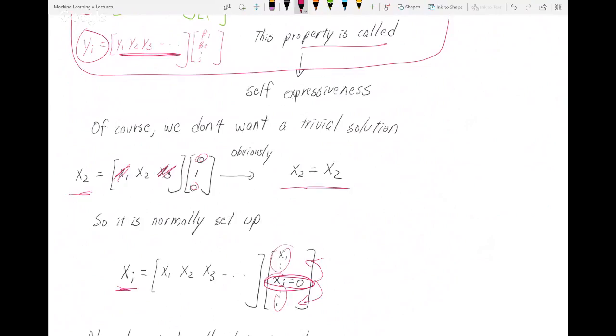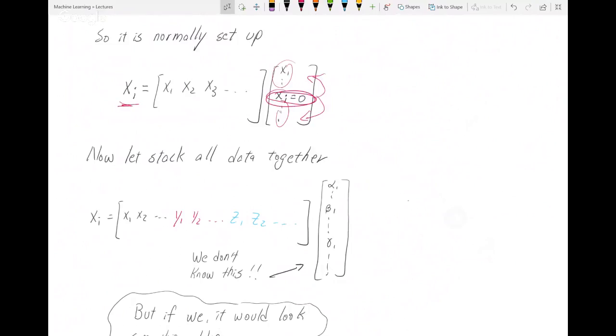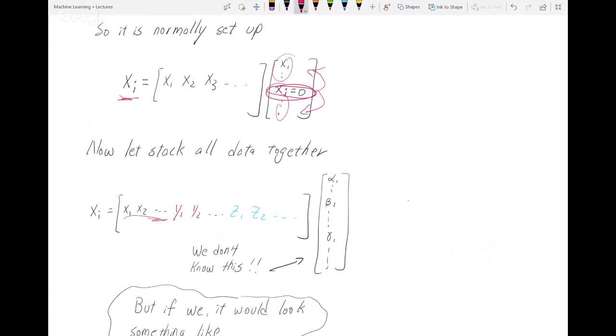Now, let's stack all the data together. Remember, we had all the x's, all the y's, all the z's, and we'll stack the coefficients together as well. Of course, if we're looking at xi, this is the variable and we don't know what it is.